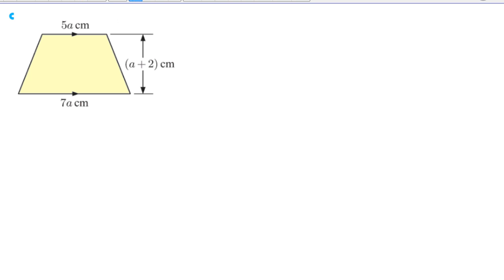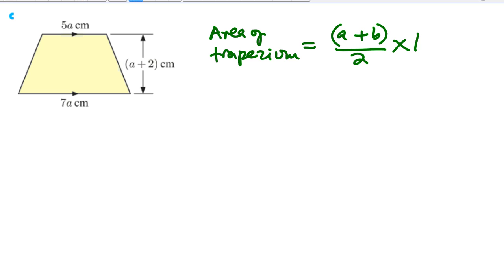Next, we have a trapezium. Area of trapezium is A plus B divided by 2 multiplied by the height. So what we need to identify is what our A is and what B is.